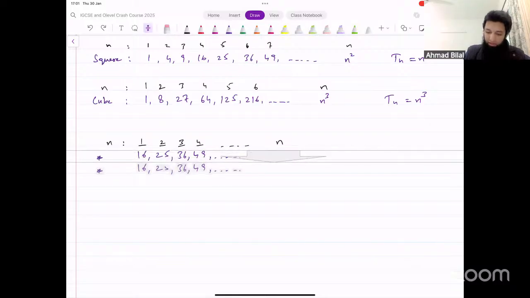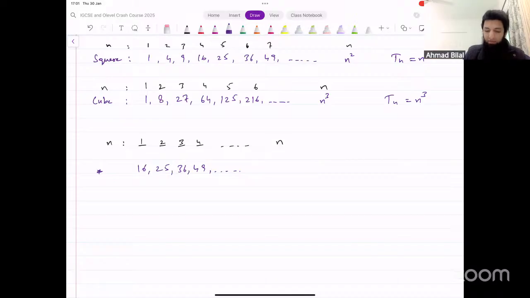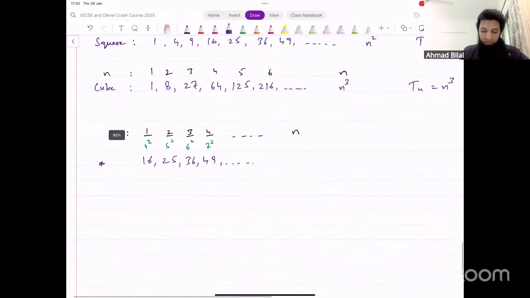Now, to make it easier to understand, you could write another thing here. What is 16? 16 is 4 squared, right? 25 is 5 squared. 36 is 6 squared. 49 is 7 squared. You notice the pattern? Whatever is the position of the term, if it's the first term, you have to add 3 to that and then square that, right?